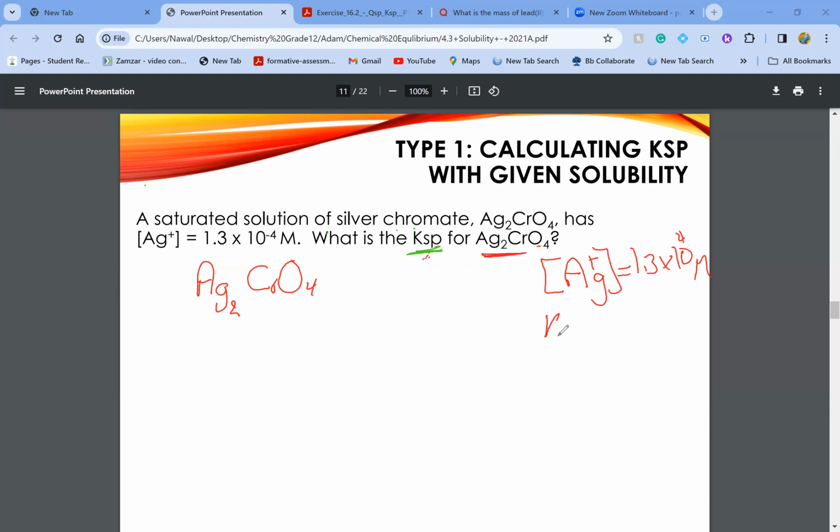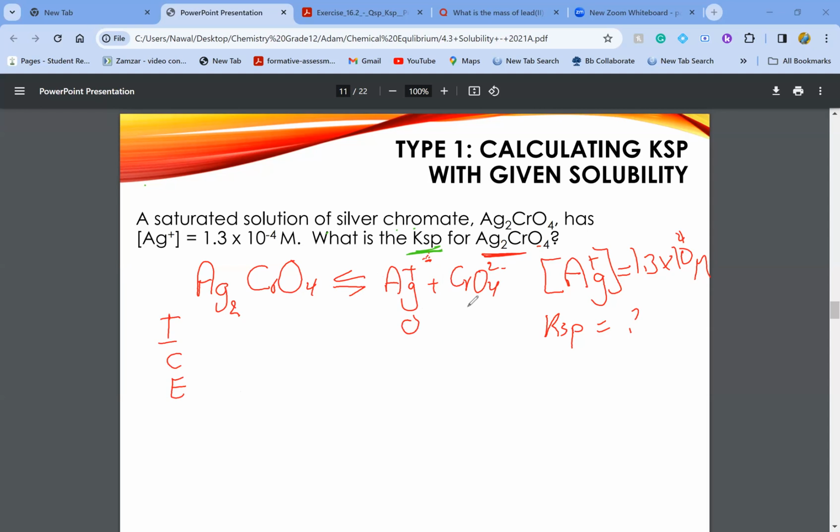We will try. I now have to write the equation: silver plus chromate, 2 minus. I have to write the ICE table.